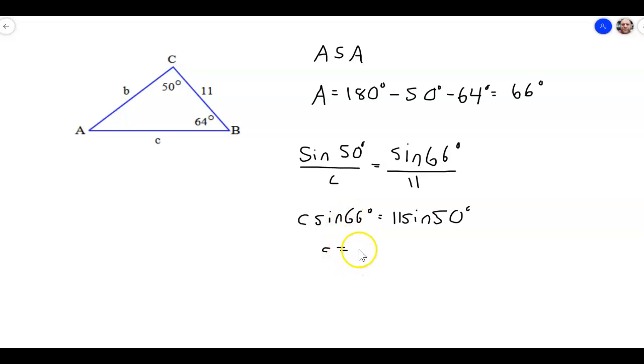So c is equal to 11 times the sine of 50 degrees divided by the sine of 66 degrees. This is going to be approximately, and we usually want to go out one more decimal place than what we already have.